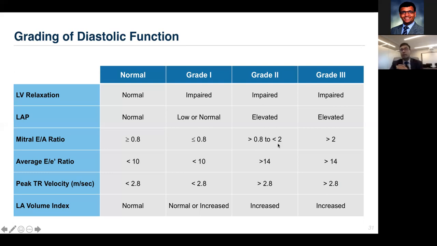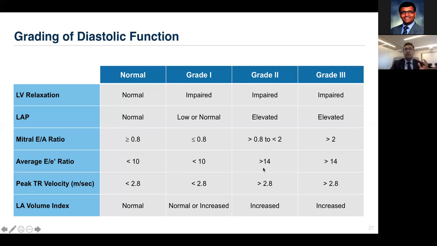Grade 2 is a pseudo-normal filling pattern majority of the times, with consistent evidence of elevated filling pressure as seen by elevated E by E prime ratio, elevated TR velocity, and increased LA volume index.